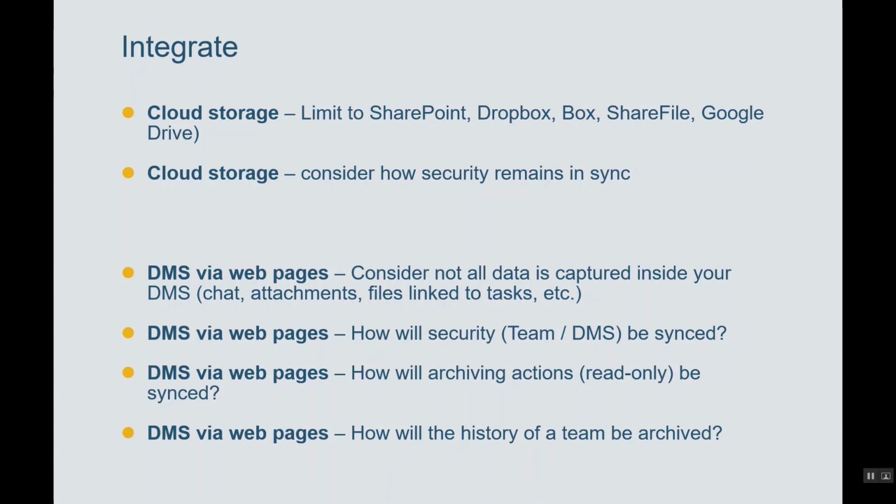If you end up with documents in two locations, how will you ensure that that information is archived and that information is secured? For example, if your document management system changes the security of a matter and makes this confidential or locks out a few users at a certain point in time, you need to ensure that that same security adjustment is also applied to the corresponding team.